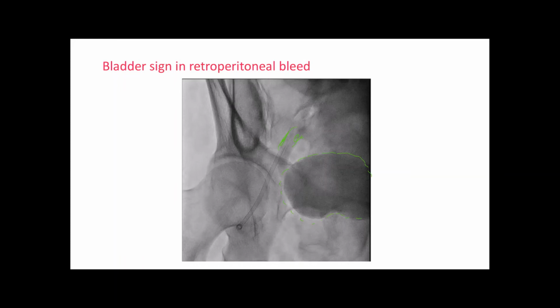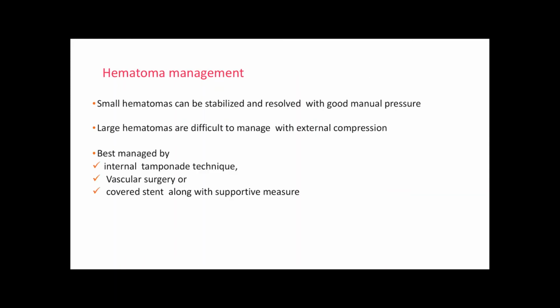Instead of this kidney-shaped bladder you can see here, the bladder may be compressed to the contralateral side, and you may just see a compressed bladder. This is what you call a bladder sign. And this is very serious and indicates that there is a severe retroperitoneal bleed. So this is what we call the bladder sign.